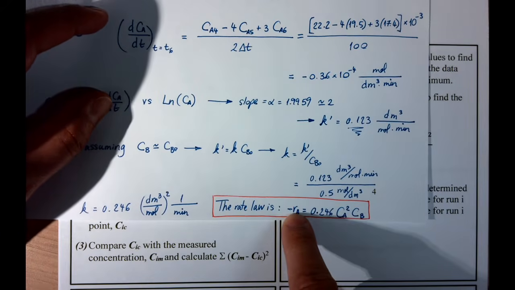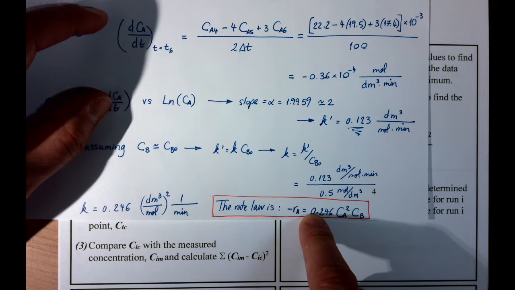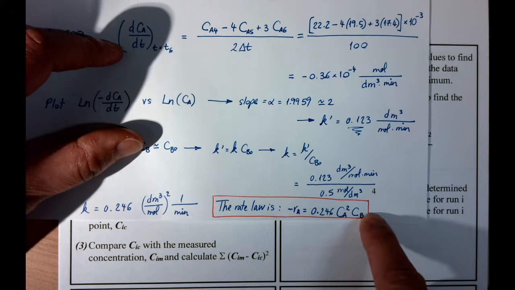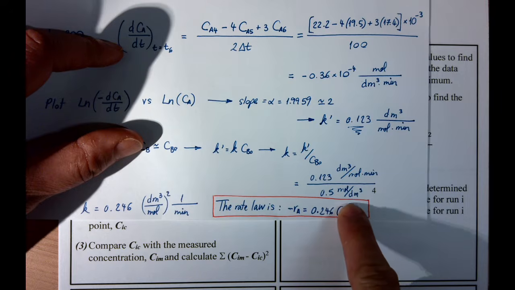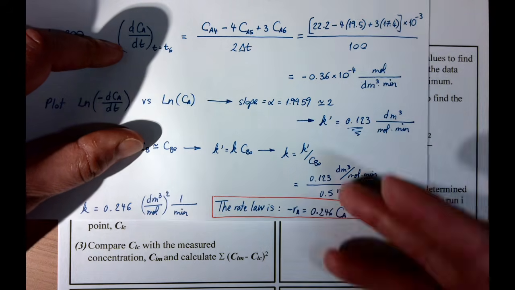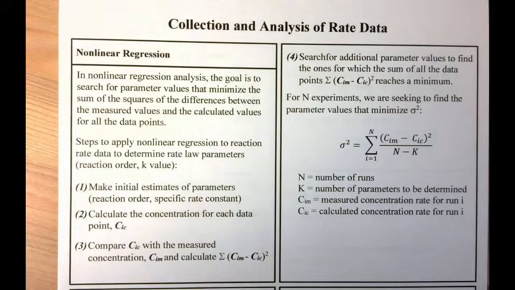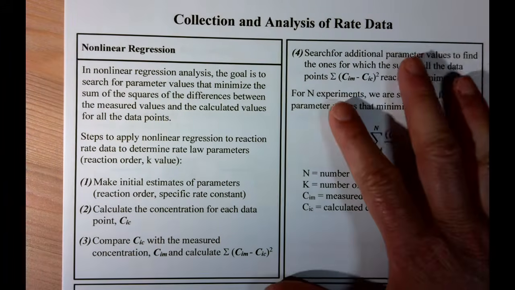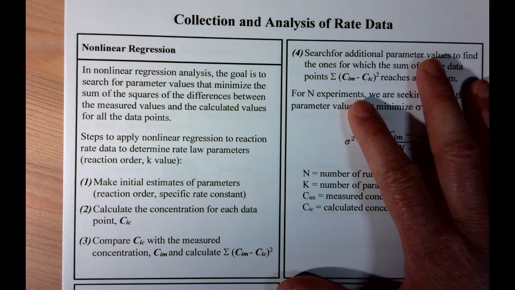So basically you would input your experimental data and you would ask it to simultaneously solve for the orders of reaction and the K value. And it would automatically do all of these calculations for you based on the steps for nonlinear regression.